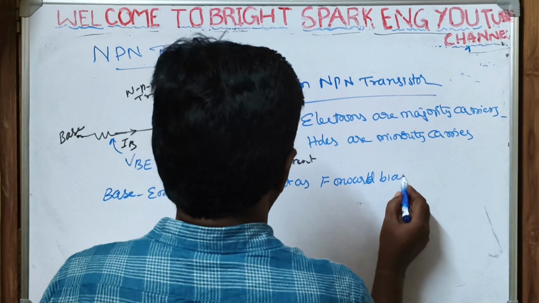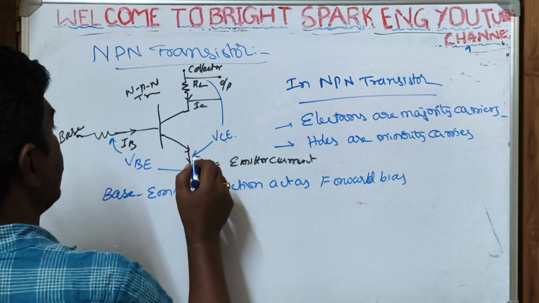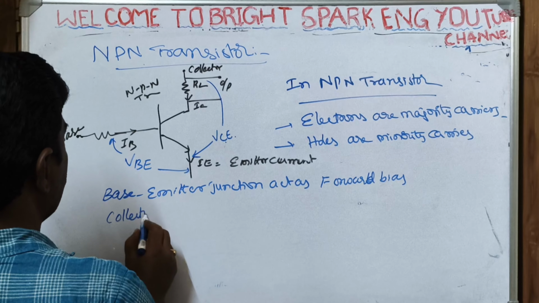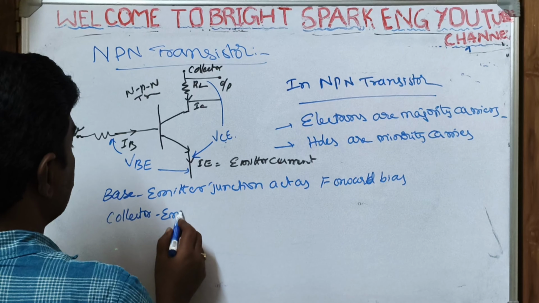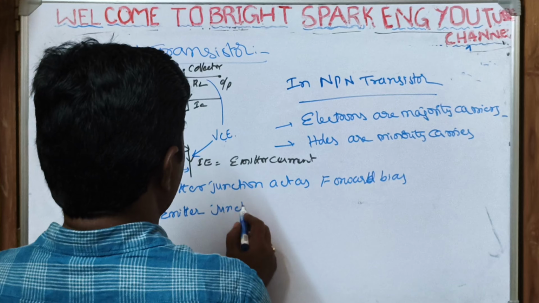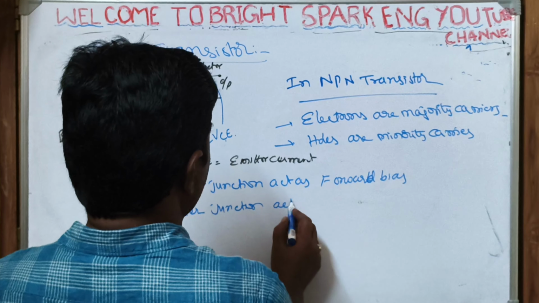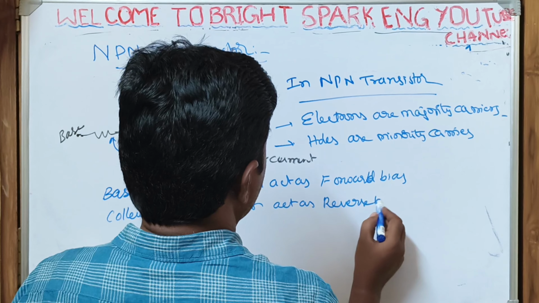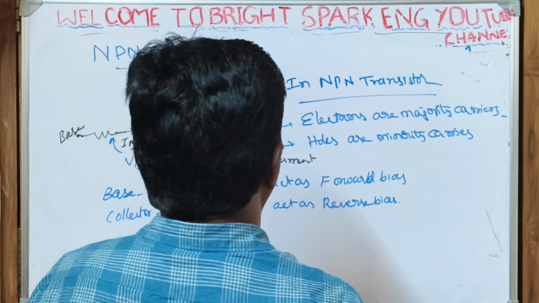And the collector emitter junction acts as reverse bias. Okay.